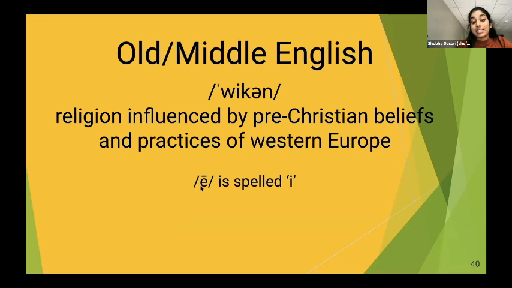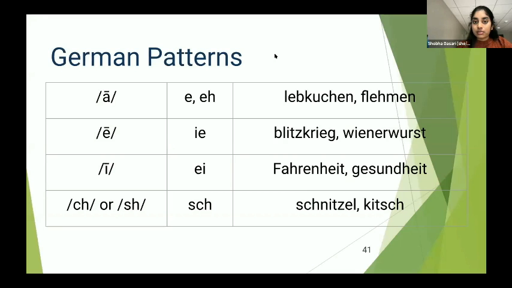This should be the I sound spelled with an I in Old or Middle English. And so the final spelling is W-I-C-C-A-N. And again, you see that double consonant with the CC showing up again. So yeah, that's that.